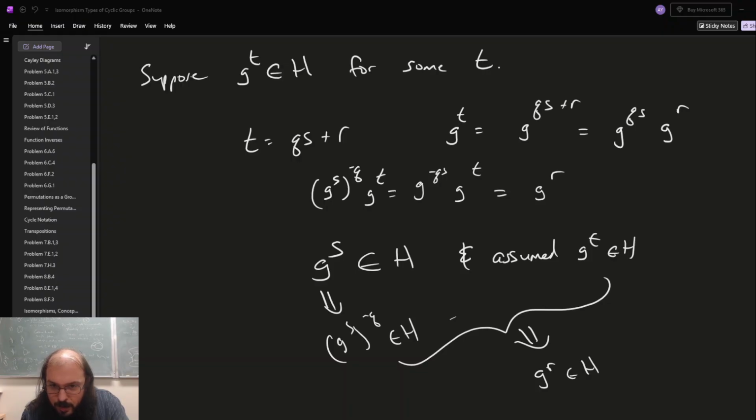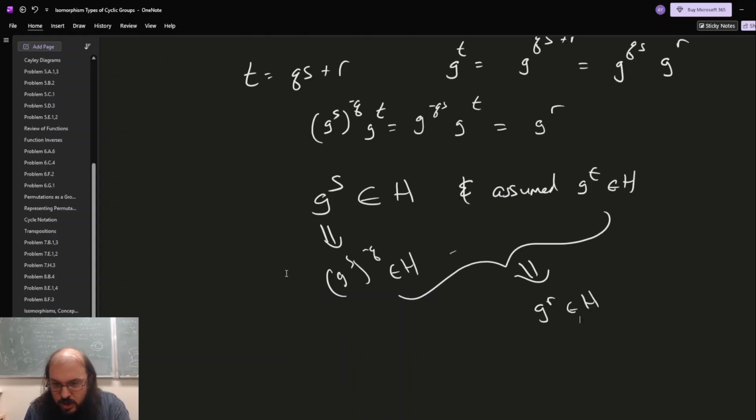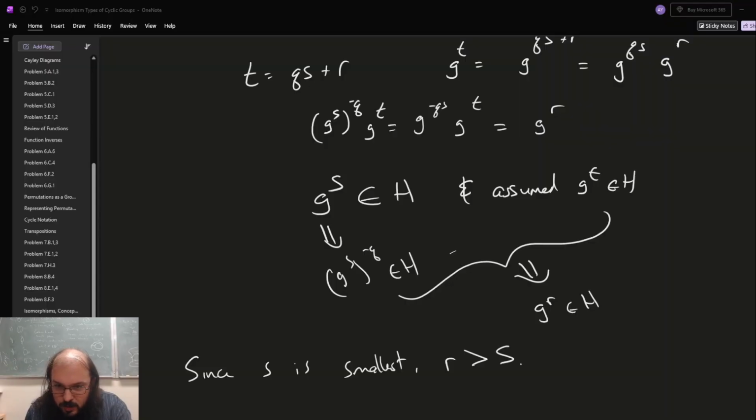So, therefore, if g to the r is in H, we must have, since s is the smallest, that r is at least s. But this is already a little bit of an issue for us, though, right? Because s is the smallest.